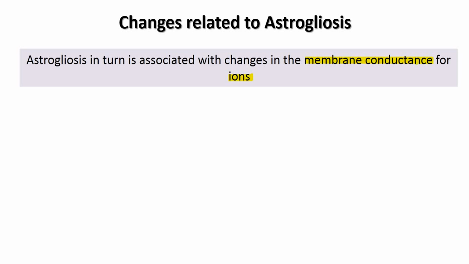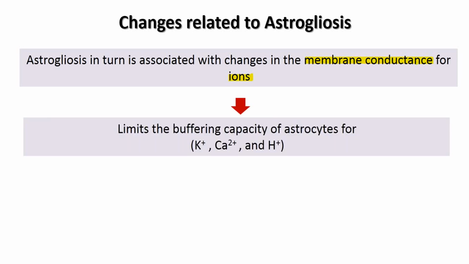How is it affected? It limits the capacity of astrocytes for the following ions: potassium K plus, calcium Ca2+, and hydrogen ion, that is H plus. So, it limits the buffering capacity of astrocytes for all these ions.